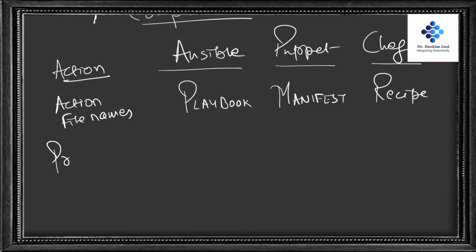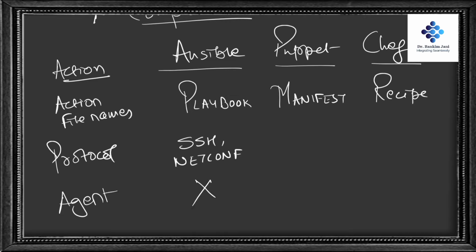Regarding the protocol, which protocols they will be using, Ansible uses SSH or NETCONF. That's the reason there is no need for any agent. So let's put it over here: is an agent needed? No, an agent is not needed over here. And in all these cases they use HTTP REST. In case of Puppet, do you need this agent?